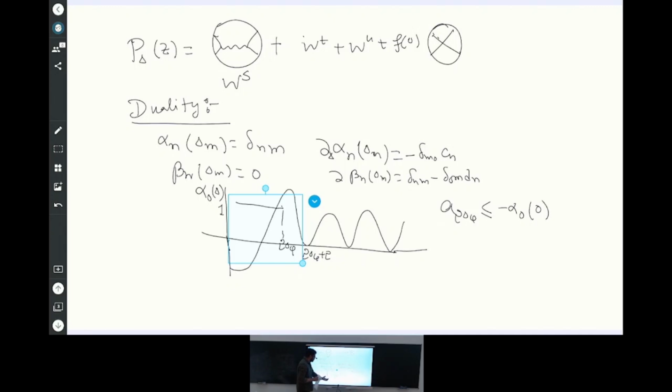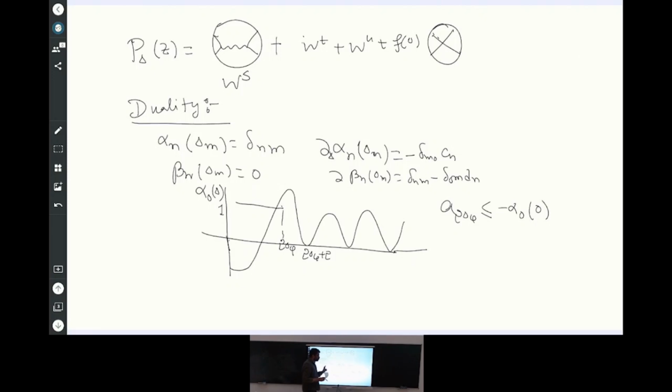Because there is nothing else, only these two terms contribute. So this positive quantity should be bounded by this one, and the functional is 1 here. So the OPE is bounded by this quantity, and we get an immediate bound. That is why these functionals are interesting: they have very nice properties, so that instead of using lots of derivatives, using a few functionals you can get very good results. So they are very useful.